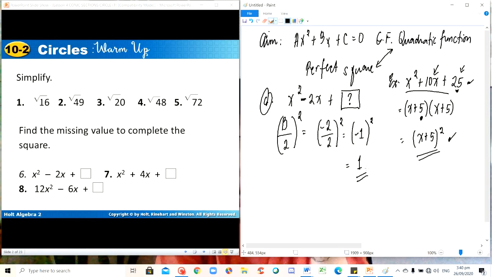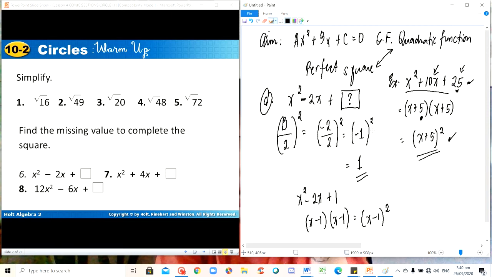So 1 must be added to x squared minus 2x, giving x squared minus 2x plus 1, a quadratic function with a perfect square. In factored form, you write it as x minus 1 times x minus 1, or x minus 1 squared.